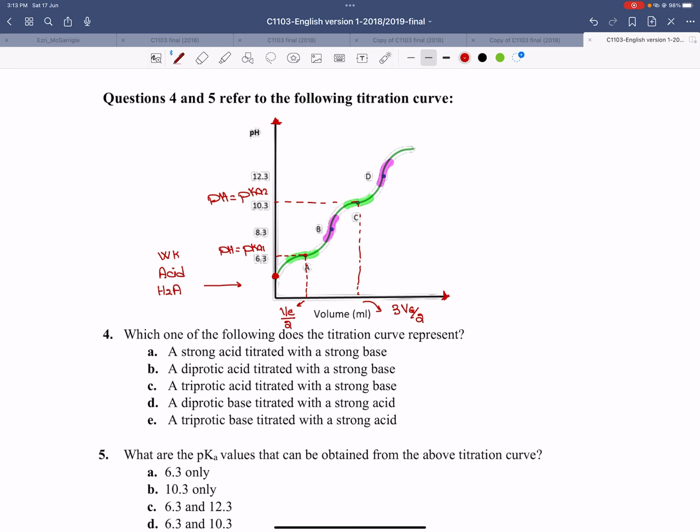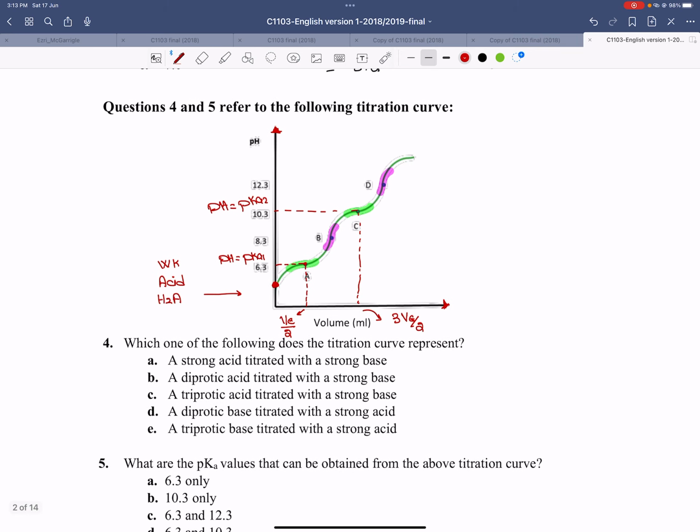And you have a very important region that you never forget, which is basically point B. Point B is what you will have at this point is only HA minus. And HA minus is governed by a pH, which is equal to half pKa1 plus pKa2.